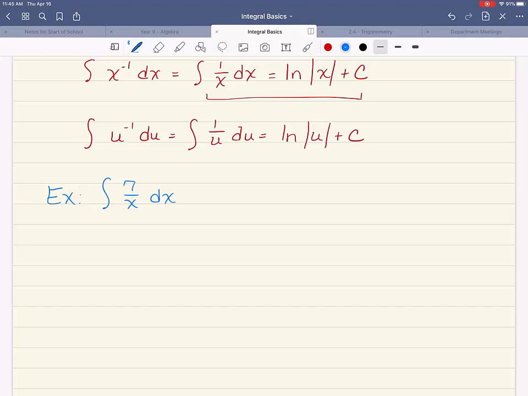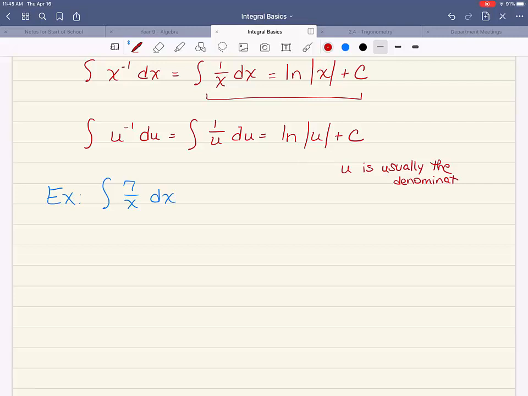In the original problems, u was the inner function. Actually, the exponential u was the inner function, being the exponent, because the exponent is inside of the e. Now, the u is going to be the denominator most of the time. So, u is usually the denominator.